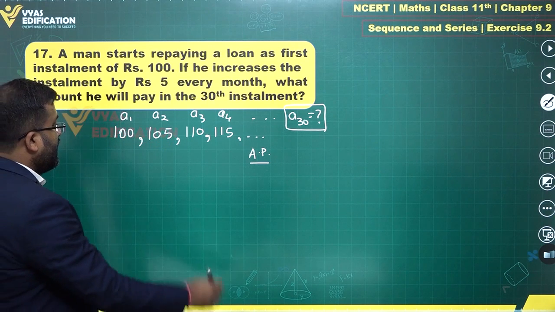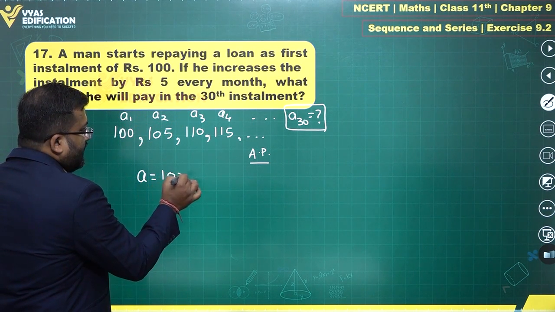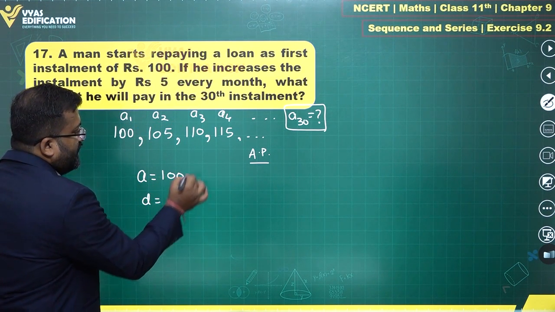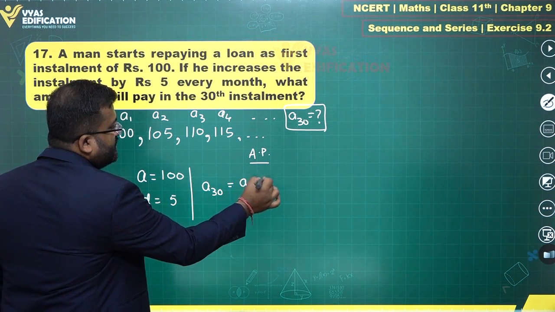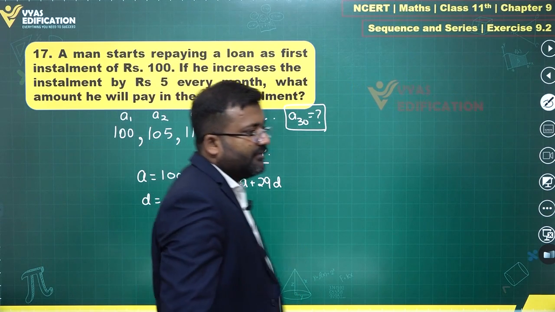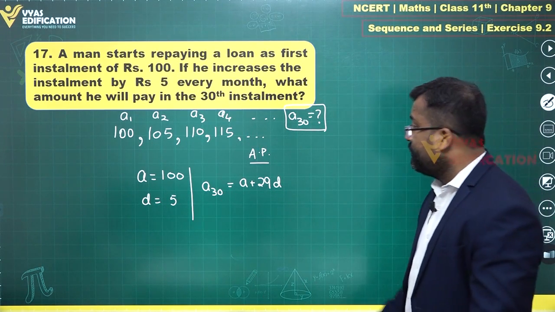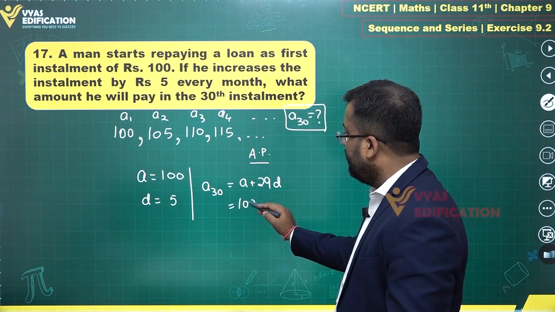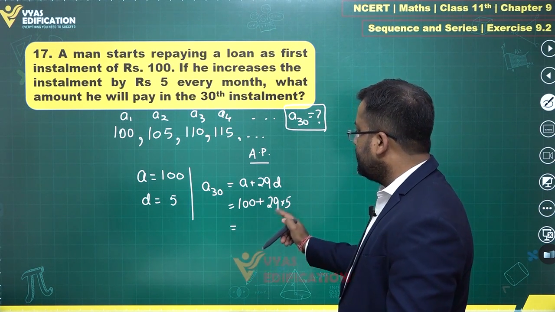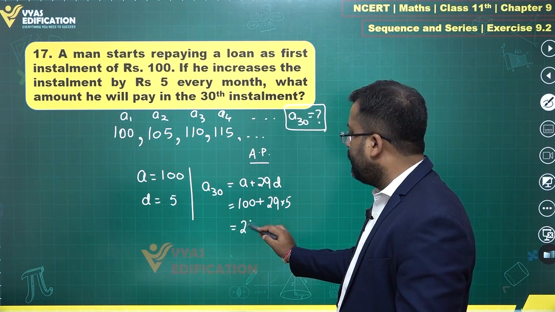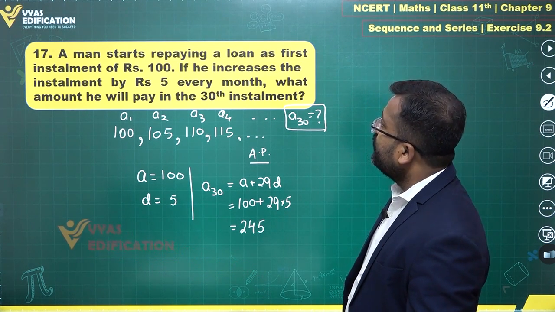First term is 100. Common difference is 5. Therefore, A30 will be a plus 29d. Yes or no? Yes. What is that? This is 100 plus 29 into 5. This is 145 plus 100 is 245. This is what you have.